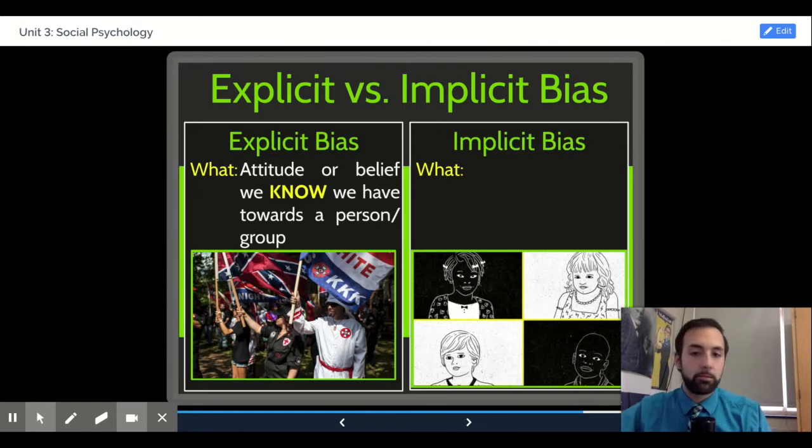These are people who, for one reason or another, are very set in their belief system, and they will willingly tell you that they have some type of bias towards different groups, whether that's religious, gender, age, etc.